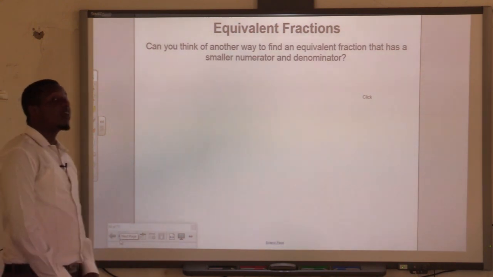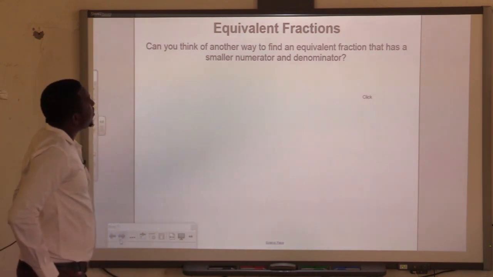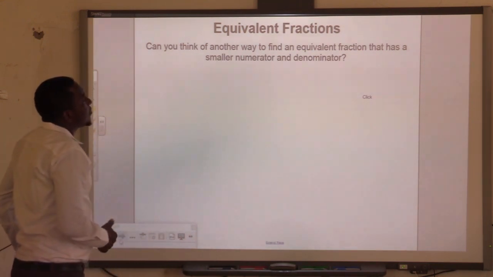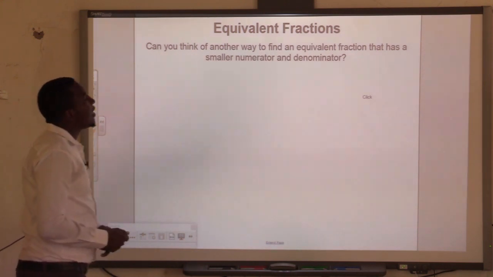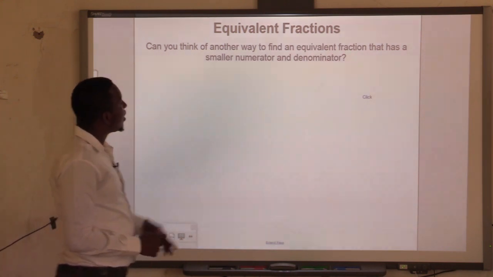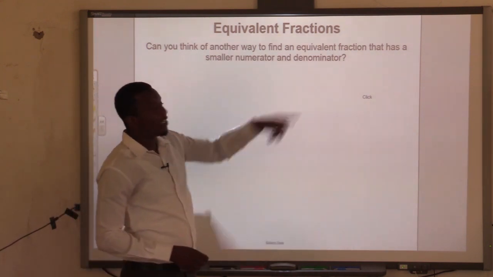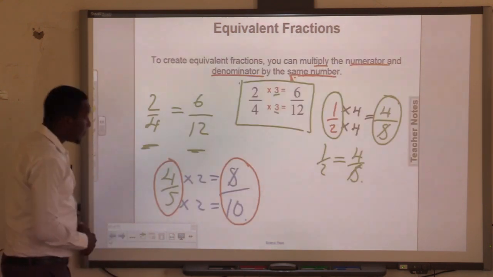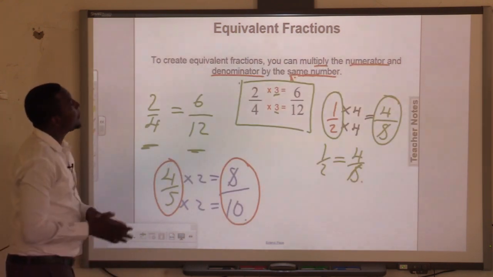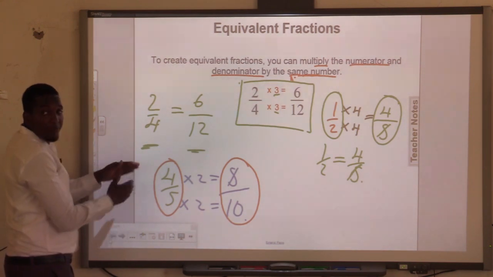Now we are asked to think. Use our heads now. Can you think of another way to find an equivalent fraction that has a smaller numerator and a denominator? If you look at the first method that we used here, we have a fraction and we multiply it by 2.